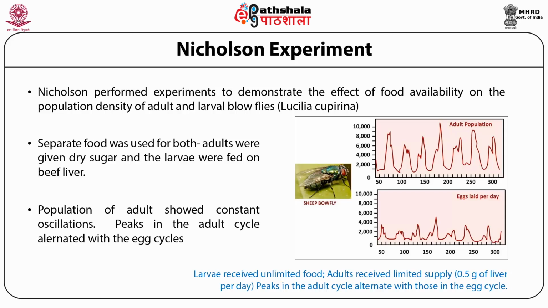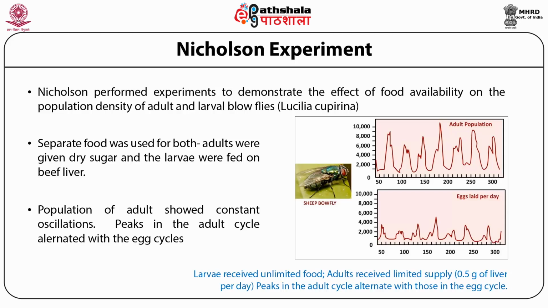In his first experiment, he provided sufficient food for both adults as well as larvae. In the second one, he provided surplus food for the adults and limited food for the larvae. In the third experiment, he reversed the condition and provided a constant daily quota of food to the adults and surplus food to the larvae.